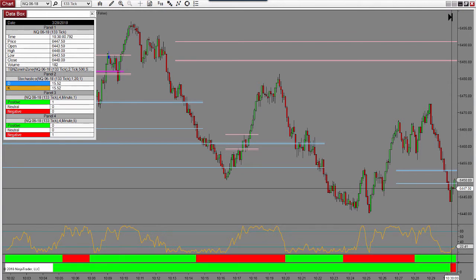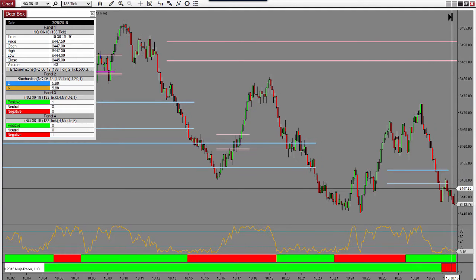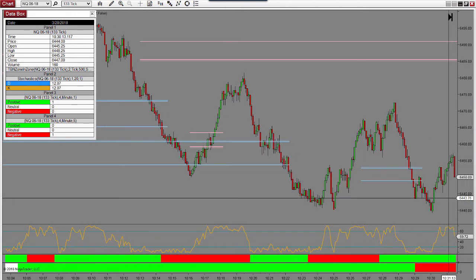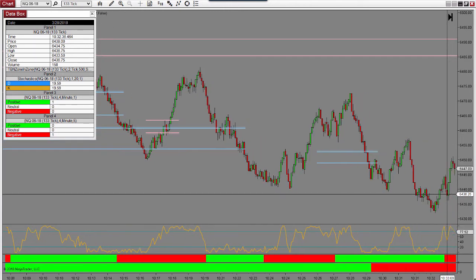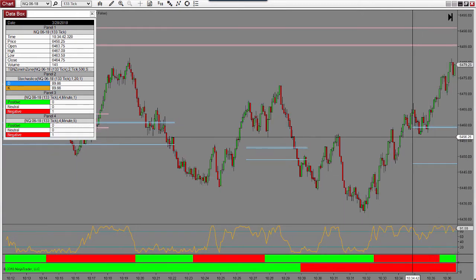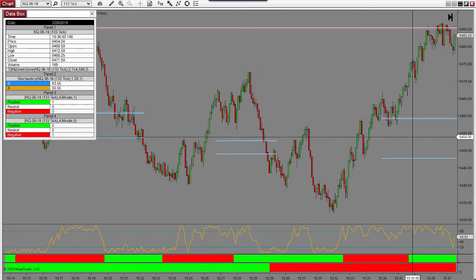It goes red right here. I do not have divergence at this point. I do have divergence here, but the zone goes away. Okay, I'm red and red, so I could take a short. I cannot take a long, unfortunately.